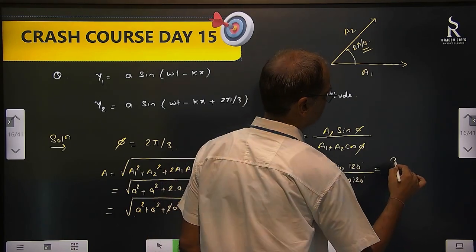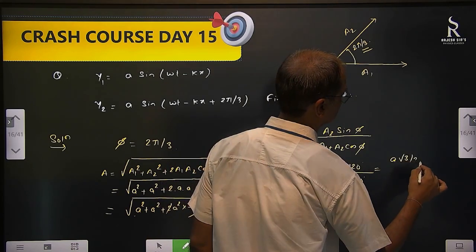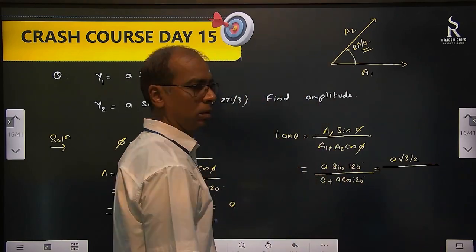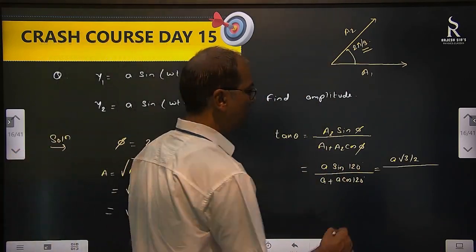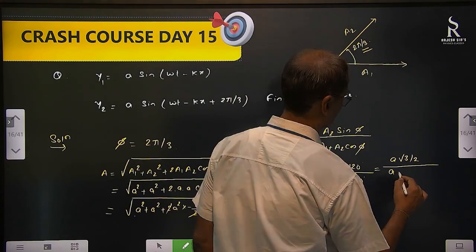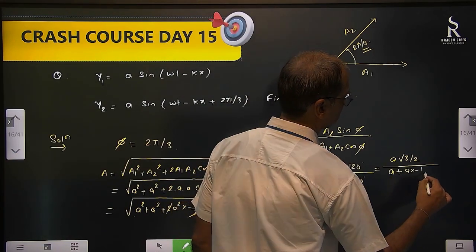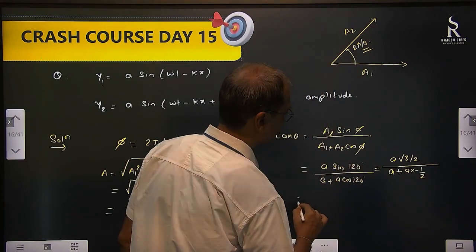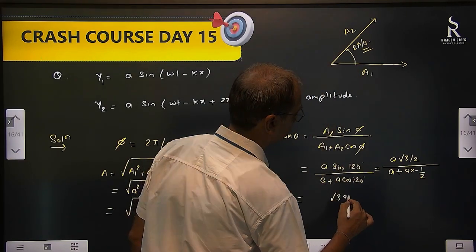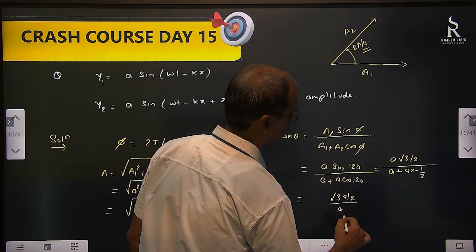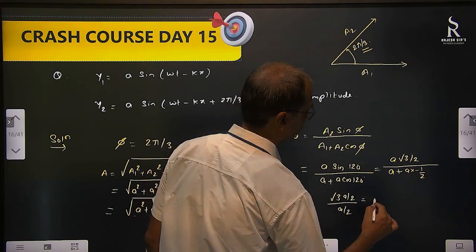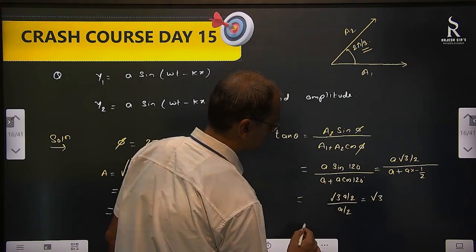So A here, this is root 3 by 2. Okay, and this is A plus A into minus 1 by 2, that is minus A by 2. So what will come? Root 3 A by 2 by A by 2. Okay, so that's equal to root 3. The tan theta equal to root 3 means theta is 60 degrees.